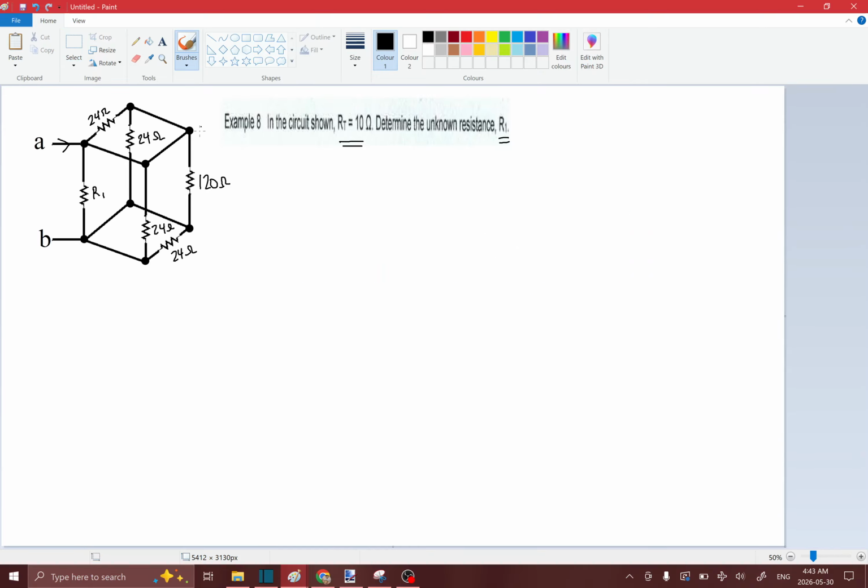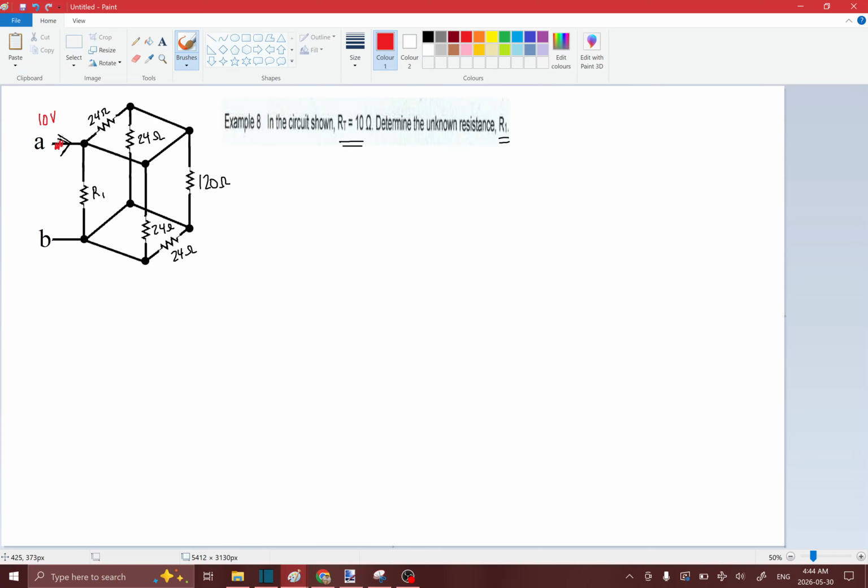So what we're going to do is combine the resistors together. The first thing we'll do is start from point A over here, and look into the circuit to figure out which path the electricity will take. So let's say, for example, the electricity is coming in at 10 volts, like this.